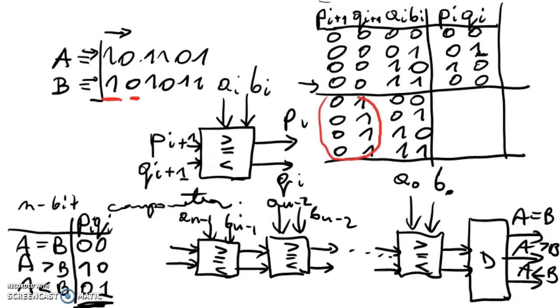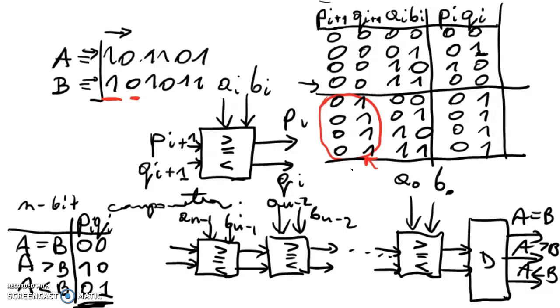On the higher positions was this. So the lower positions, the current ones, with respect to this result, don't have any influence on the results. So you simply copy the result. 0, 1, 0, 0 gives you 0, 1. The same information without any change should be copied on the output until the end of the chain of the comparator cells.